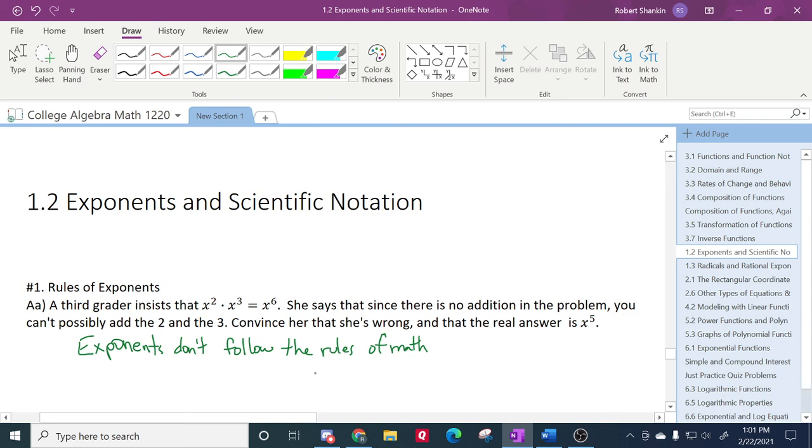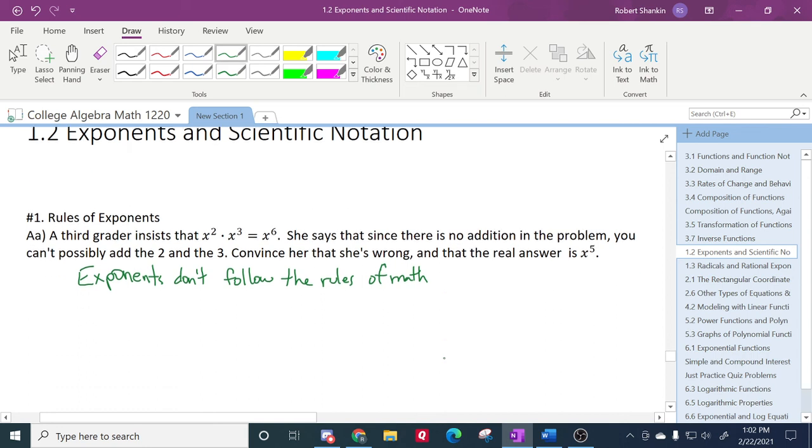Okay, well, this is how I explained it in Group 6's chat. So, the question is, what is x to the power of 2 times x to the power of 3? Now, if we break this down a little, x to the power of 2 is x times x, and x to the power of 3 is x times x times x.